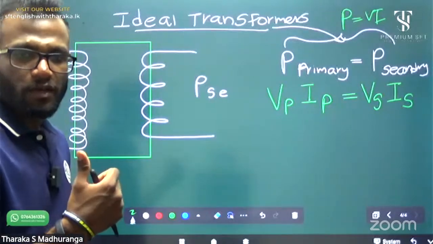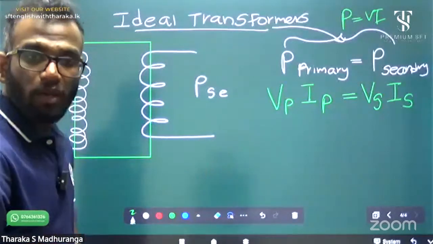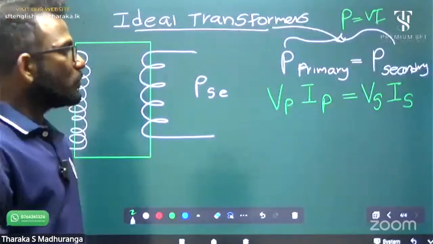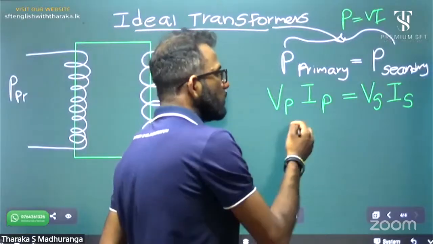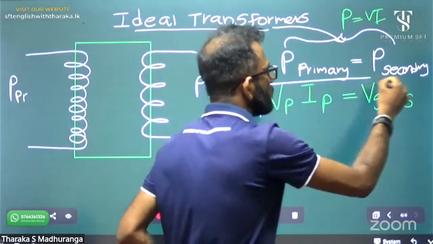Understood? Okay, the same thing in O level. In O level, you learned this like this. This is a basic equation and concept.